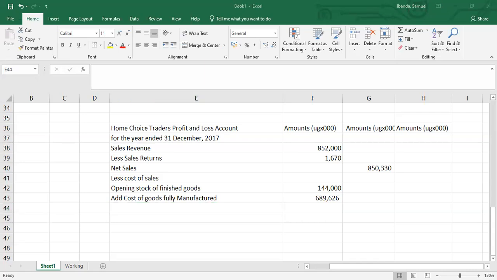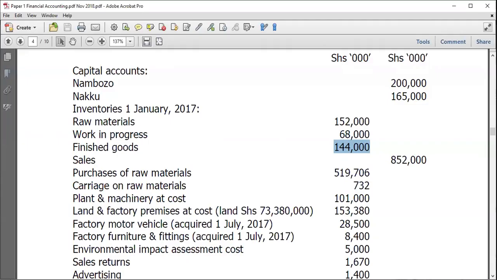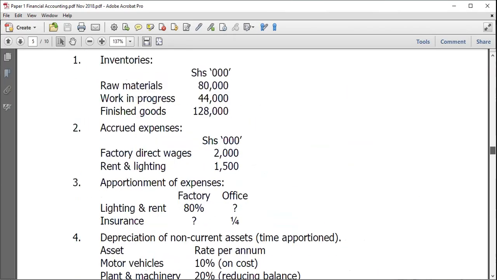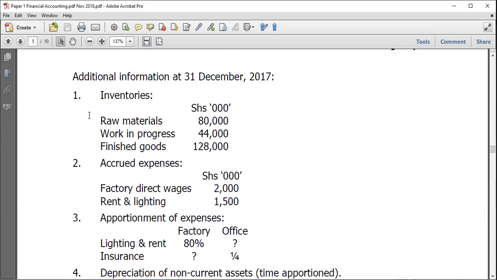After we have done that, the next thing that we are going to look at, remember when we are doing our cost of sales, after that, we less our what? We less our closing stock. So yours is to look for your closing stock, where it is usually in additional information. So down here, we have our additional information that have given us stock at 31st December 2017. So our finished goods is 128.